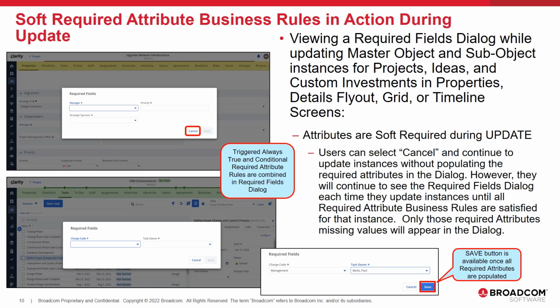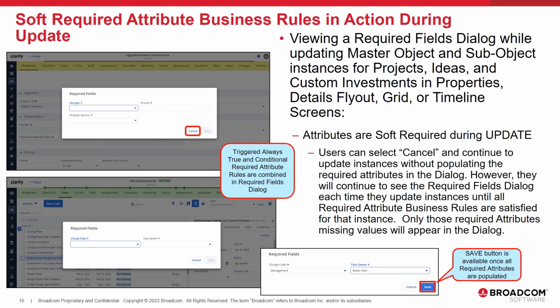Now the below example is the same scenario, only it's for a task, the sub-object on the project. And if you remember, we had two business rules for the task against a project. The first one was that the charge code was always required, and the task owner was conditionally required only if the task was started.